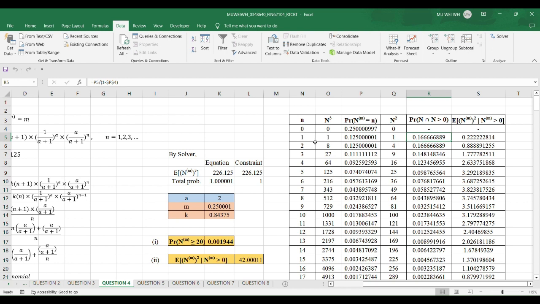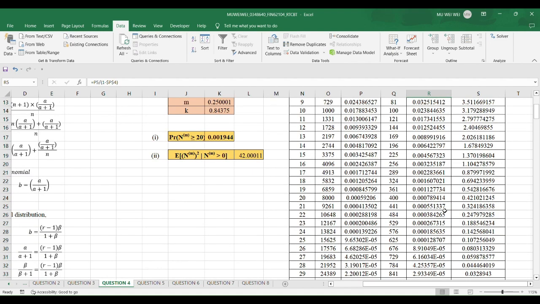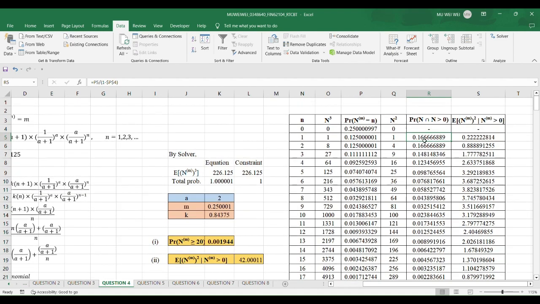So for n equals 1, it is the probability of Nm equals 1 divided by 1 minus the probability of Nm equals 0. And this goes for the following values of n.